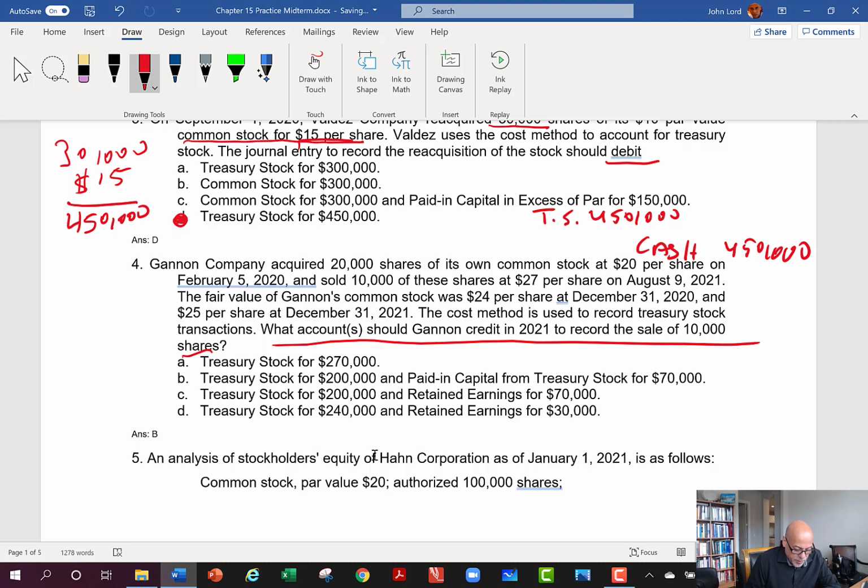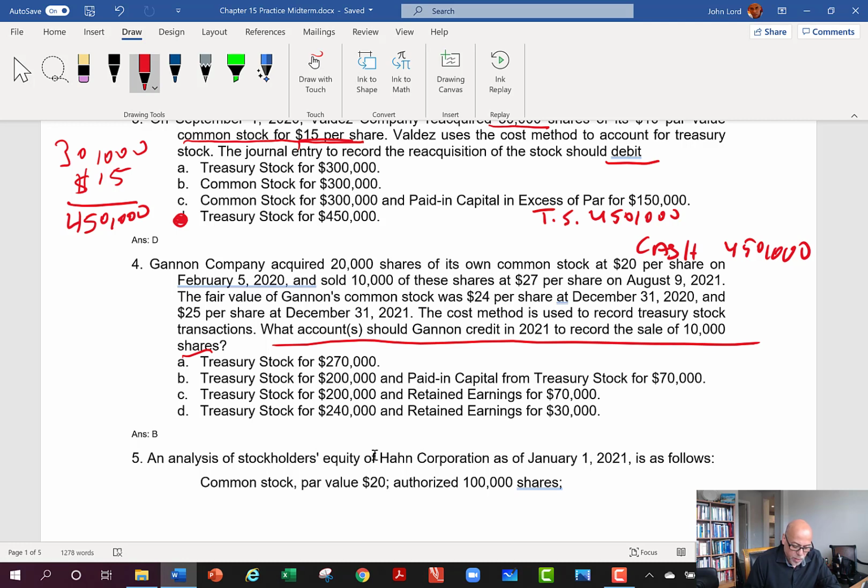So they tell me that Gannon Company acquired 20,000 shares of its own common stock at $20 per share on February 5th, 2020, and sold 10,000 of these shares at $27 per share on August 9th, 2021.